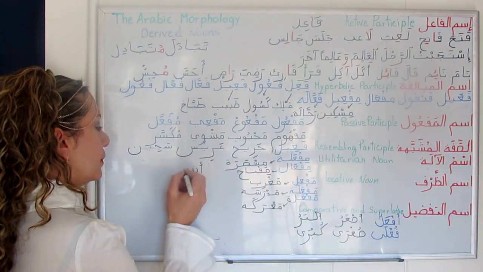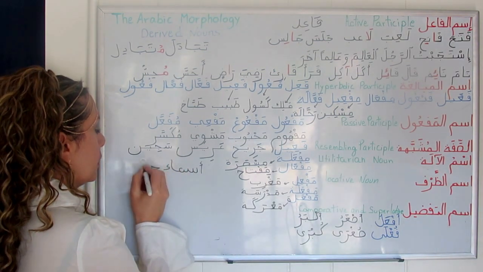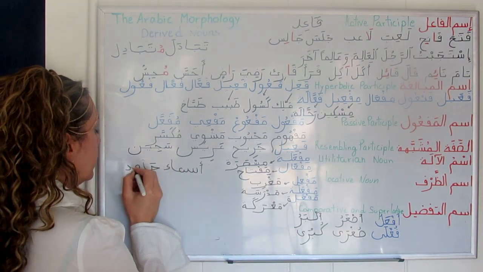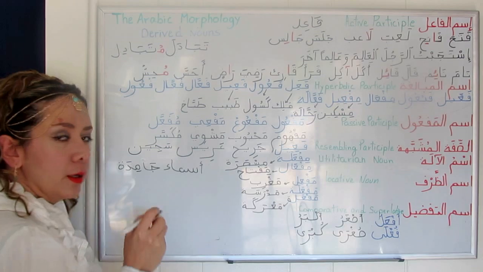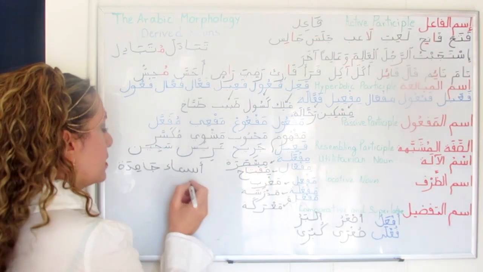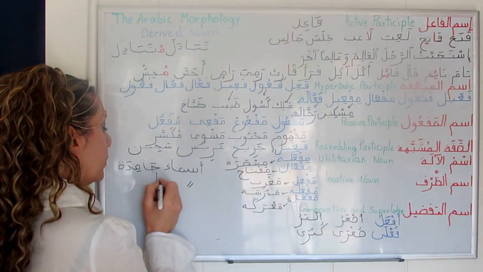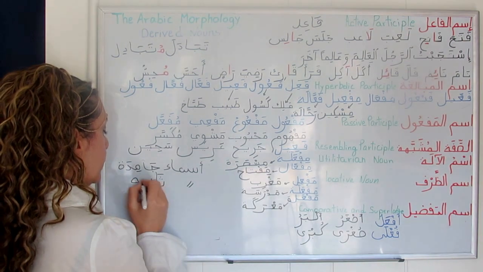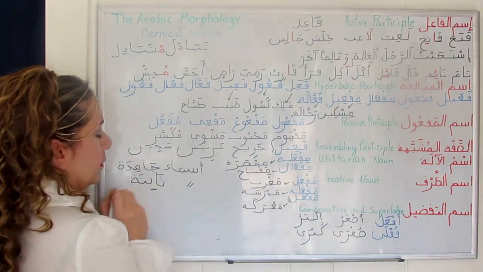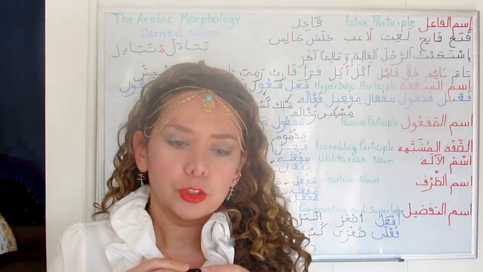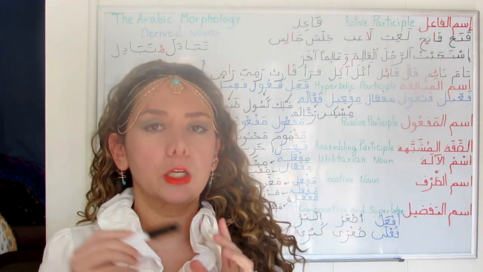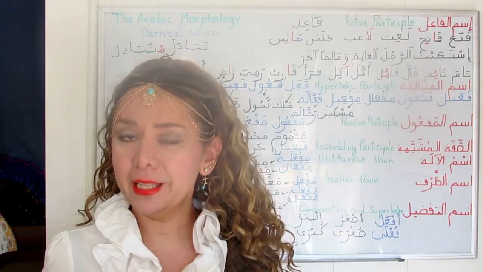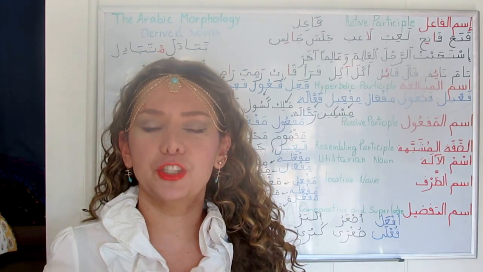أسماء جامدة, or أسماء ثابتة. So the nouns that are not derived from anything and nothing is derived from them.